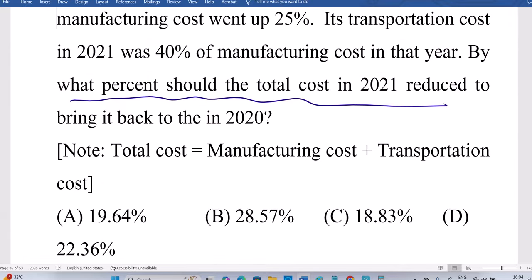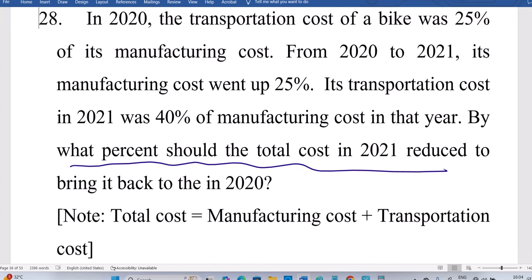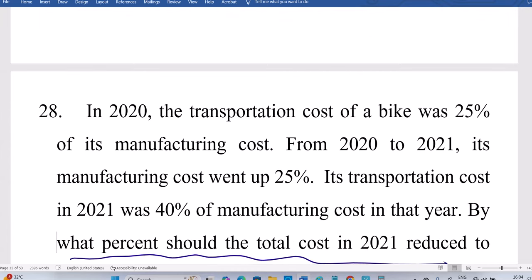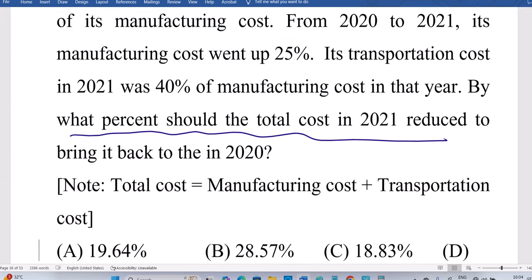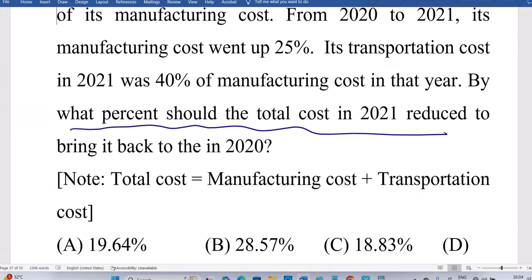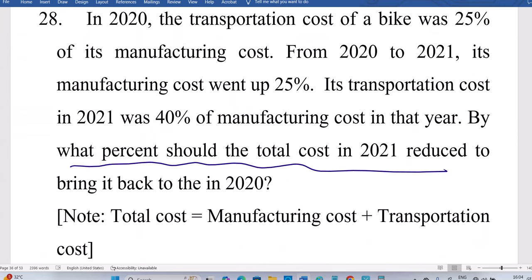By what percentage should the total cost in 2021 be reduced to bring it back to 2020? So manufacturing 100, transportation 25, 125, correct. Next, manufacturing cost increased by 25%, so 125. Transportation cost in 2021, okay, this is a mistake.